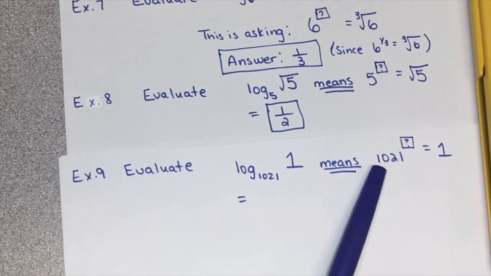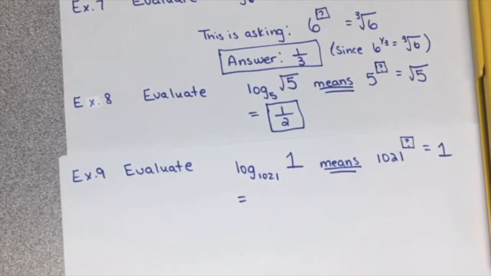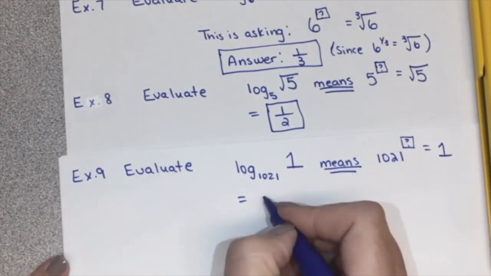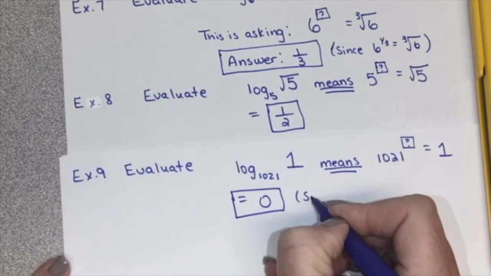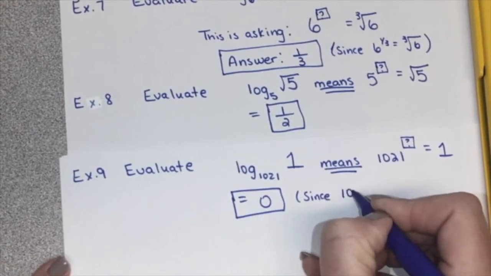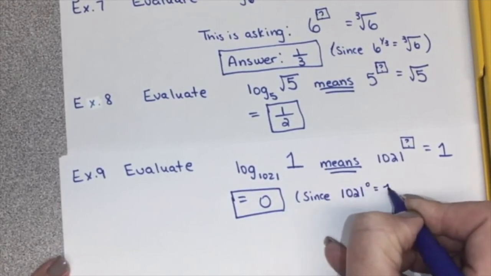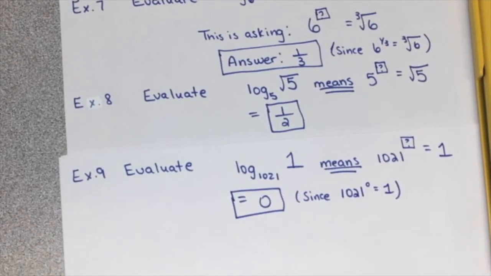No, 1,021 to the first power would be 1,021, right? So it's not 1. Yeah, 0 power is what always gives you an answer of 1. So the answer here is 0. That's what we're going to circle. But the answer is 0 since anything to the 0 power, remember, is 1. So that's one of our rules that we really need to know.